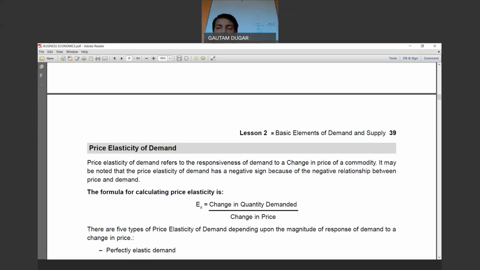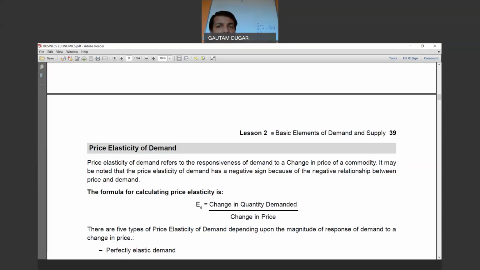Less than 1 would obviously be the reverse concept. Less than 1 we call inelastic demand. When does inelastic demand happen? Suppose price has fallen by 10%, and as a result, demand has gone up by only 5%.